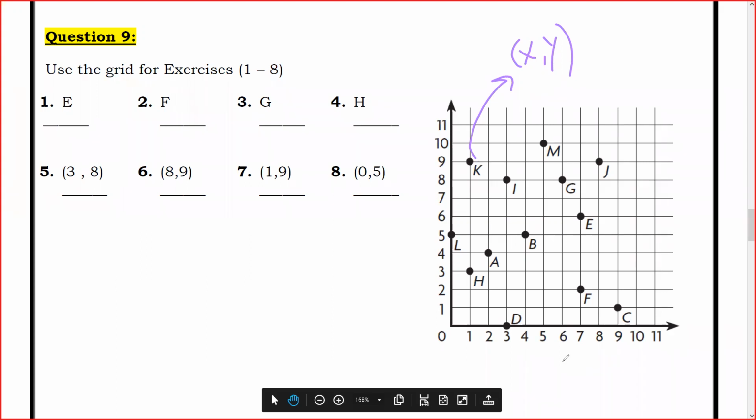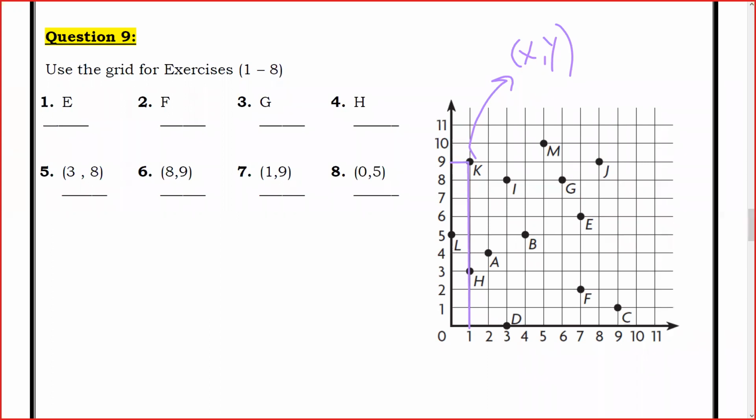Now, as you see here, the location of point K is different than point I, different than point B, and different than point J. So here, the location of point K is 1, 9. To know the location of K, I just draw a line from K to the x-axis and from K to the y-axis.